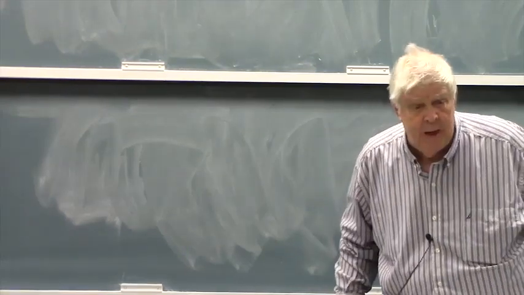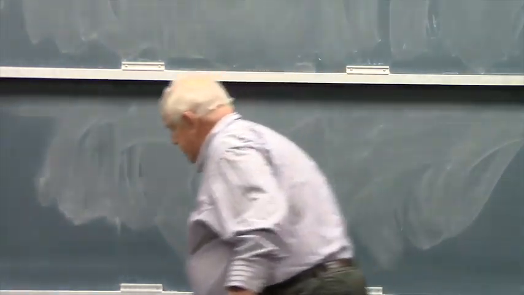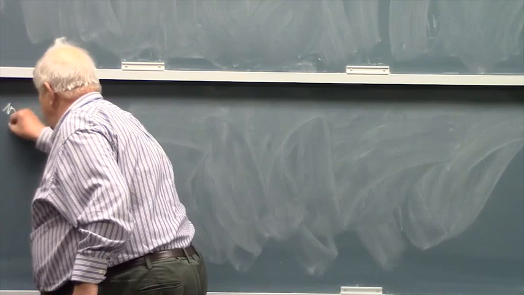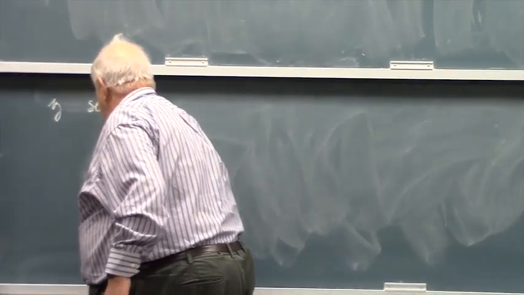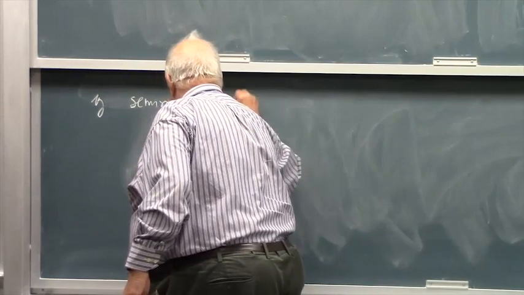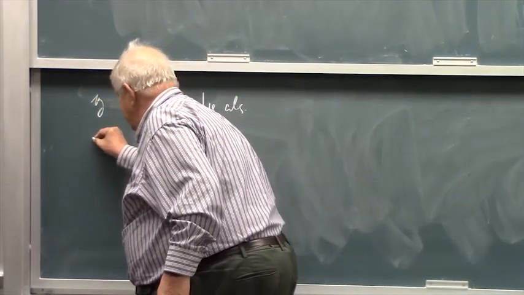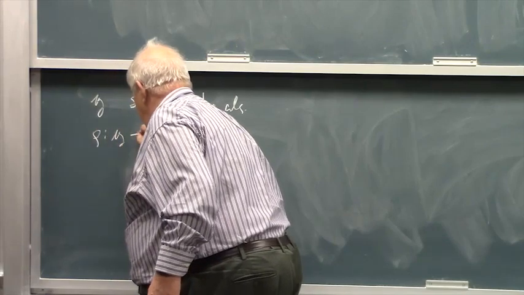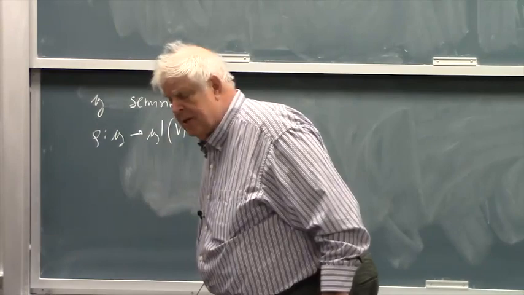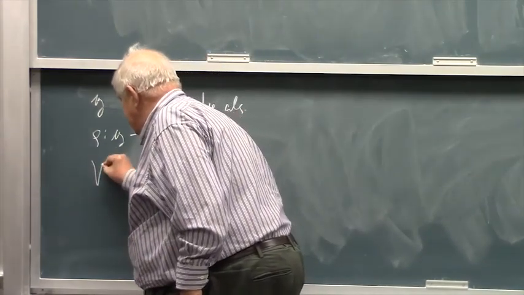I think what I will need, let it be only once, is the following. Let me just remind you: if g is a semi-simple Lie algebra, and rho a representation on some space V, everything finite dimensional, then we consider two spaces.